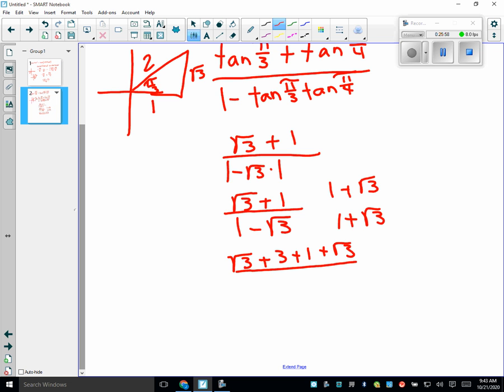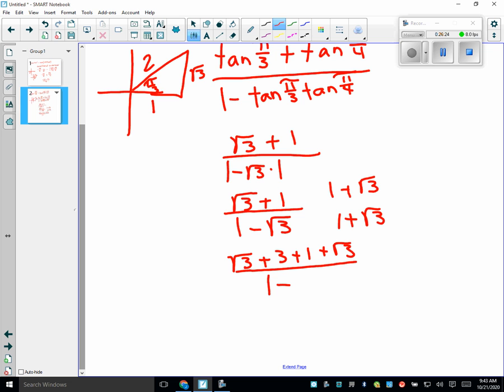I FOIL the top, and also radical 3 plus 4. The bottom, when you multiply conjugates, you square the first. What's 1 squared? 1. Minus, square the second.